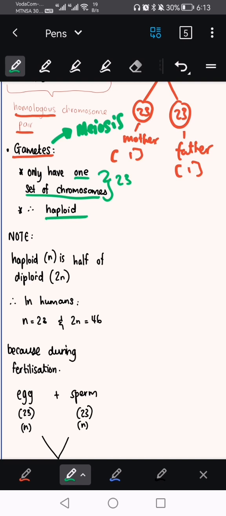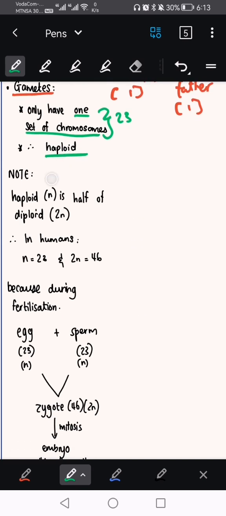If you start with 4 in diploid, in haploid you must have 2. It's a halving effect. Meiosis is a reduction division, meaning it has the halving effect. And this is a very important note: haploid is half of diploid.